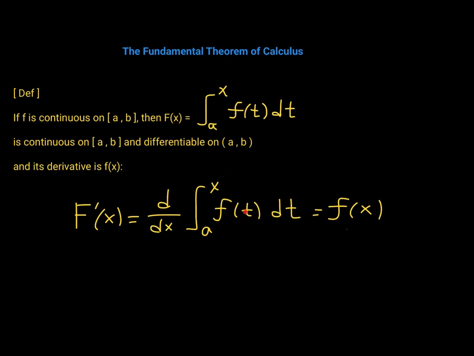And t is just like a dummy variable, but y will be dependent on this independent variable, x. So let's remember that. So anyway, when we find the derivative of this integral, notice that it's just f of x, f of this upper limit.